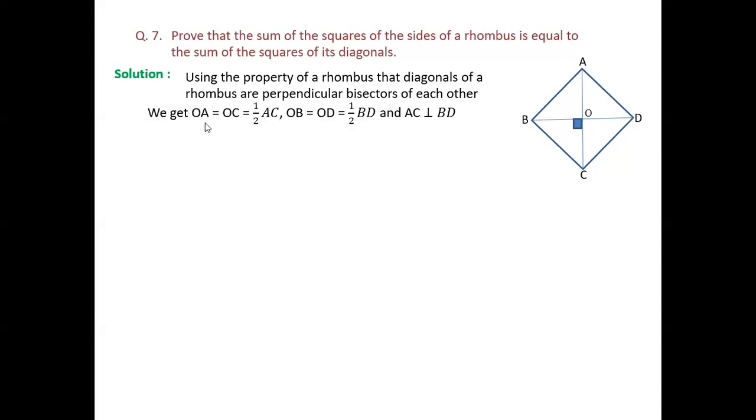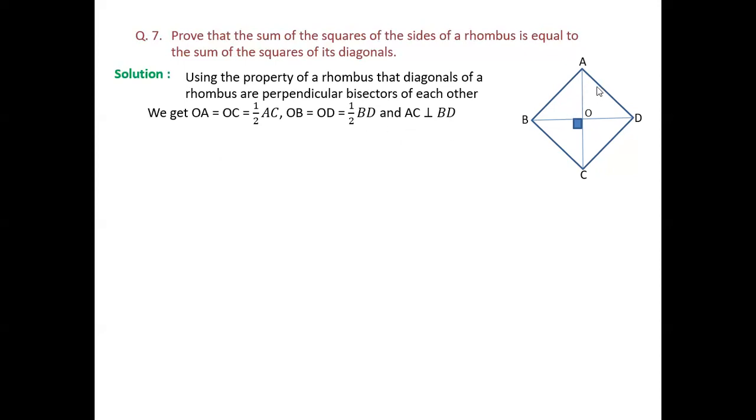Therefore OA and OC are equal, which means OA and OC must each be half of AC. Similarly, BO and OD are equal, so both must be half of BD. And AC and BD are perpendicular to each other, so they are perpendicular bisectors.